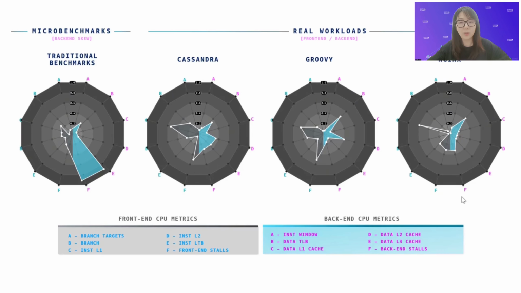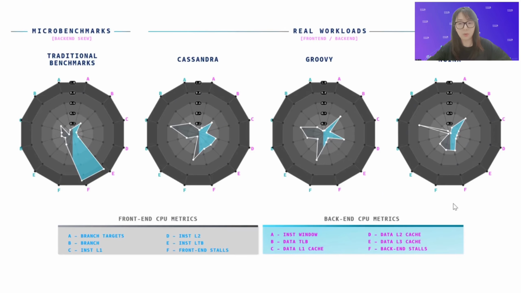But when we look at real workloads, we see a different set of graphs. Here we see Cassandra, Groovy, Nginx. Those are common workloads we can find in the cloud. When we look at them, we can see they bottleneck on different sets of things. Cassandra is particularly sensitive to front-end CPU metrics, which are critical for database queries.